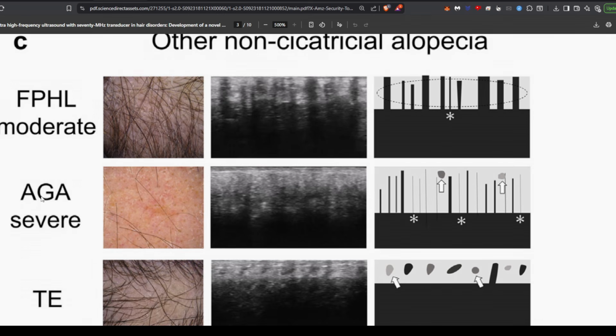Anyway, if we look at typical male androgenetic alopecia over here, it's kind of the same thing, but compared to female pattern hair loss, you're mostly dealing with a lot of thin hair follicles. Mostly they're all thin. You don't have any thick terminal ones or intermediate ones, whereas over here for female pattern hair loss, you have a mixture of terminal ones, intermediate ones, and vellus ones. For severe androgenetic alopecia, they're almost all vellus, or you can say thinned out a bit.